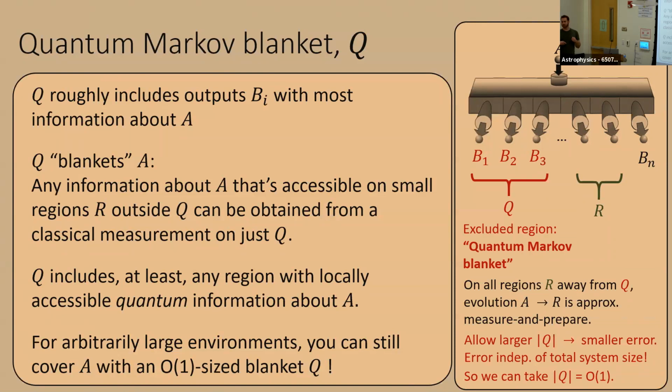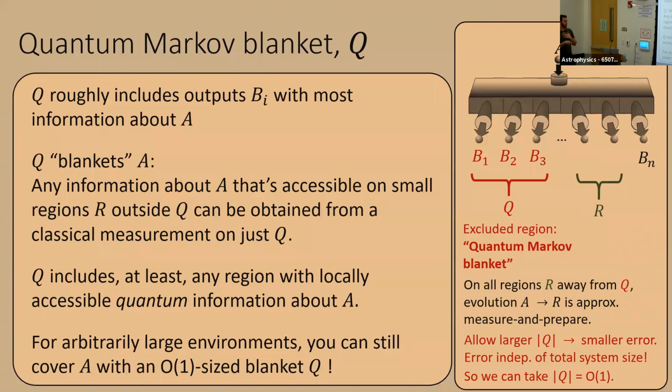On one hand, that's a term from the statistics literature, but it makes sense here in the sense that any information about A that you can access locally can be obtained from a classical measurement on just Q. So in that sense, Q is sort of blanketing A. And if you want to learn about A, you can just learn about Q instead. It's a blanket that holds all of the information about A. That's how I like to think about it.